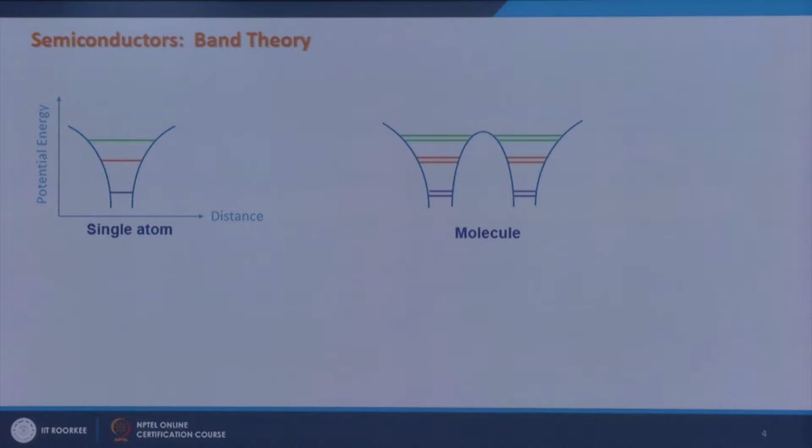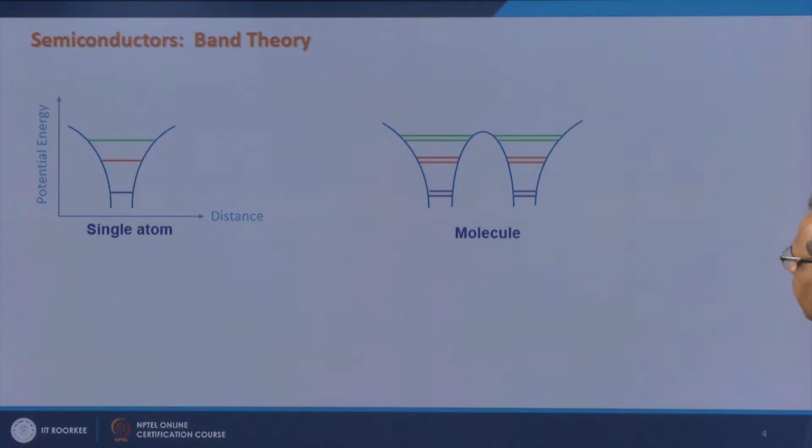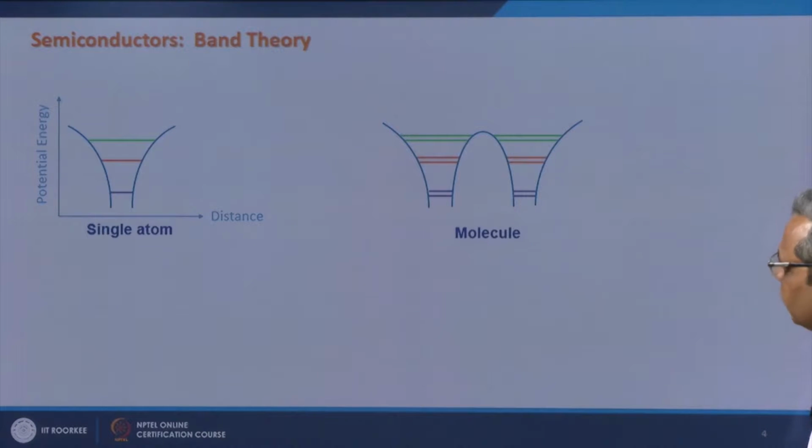But if I have a molecule, that is, if I bring another atom closer to this, then the electron is now shared by both the atoms and it experiences a net potential energy something like this.